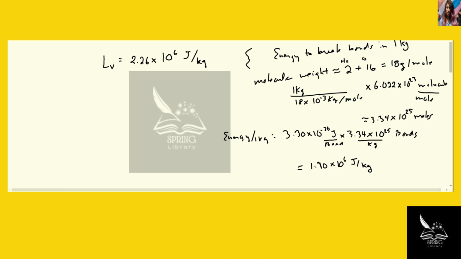Okay, we see that that is about the same order of magnitude as the latent heat of vaporization, which is not surprising. So those hydrogen bonds are the ones that you're breaking as you're turning water into water vapor or boiling it.